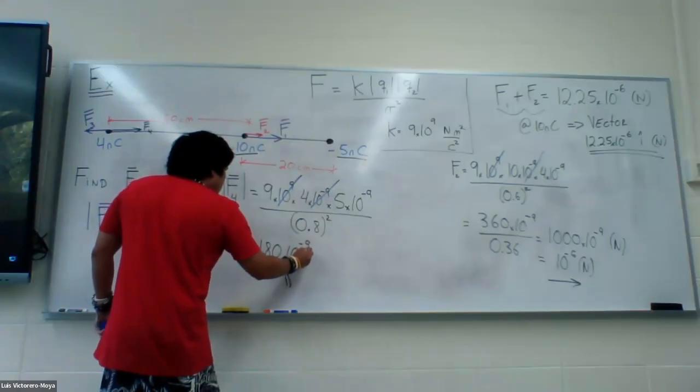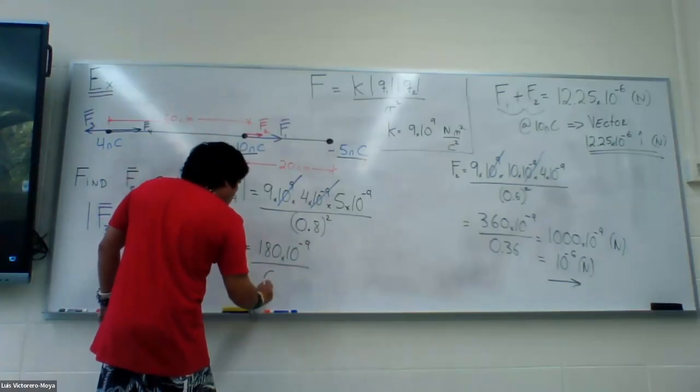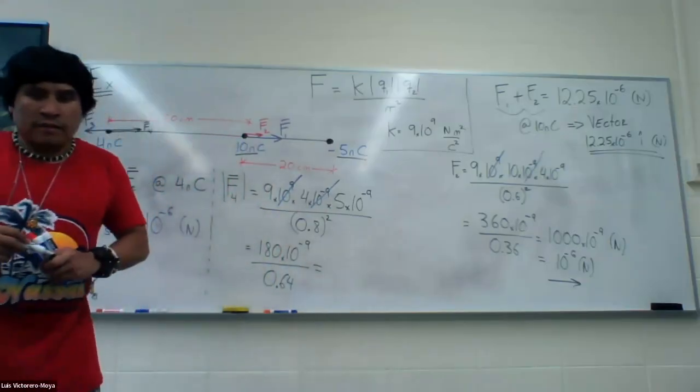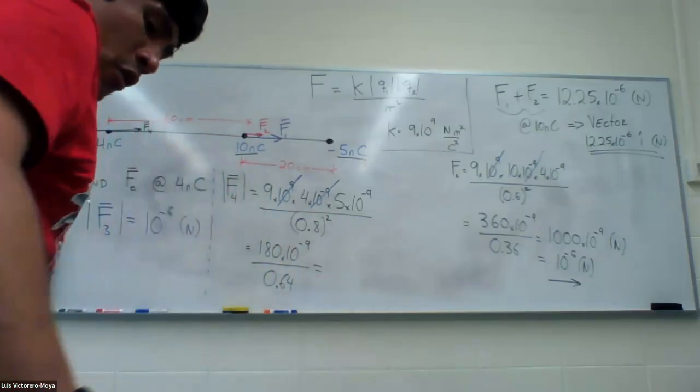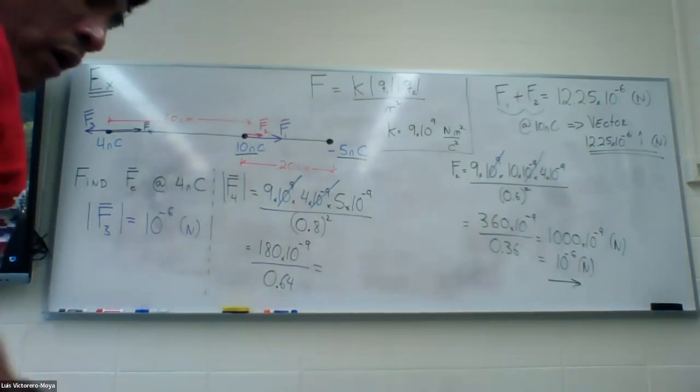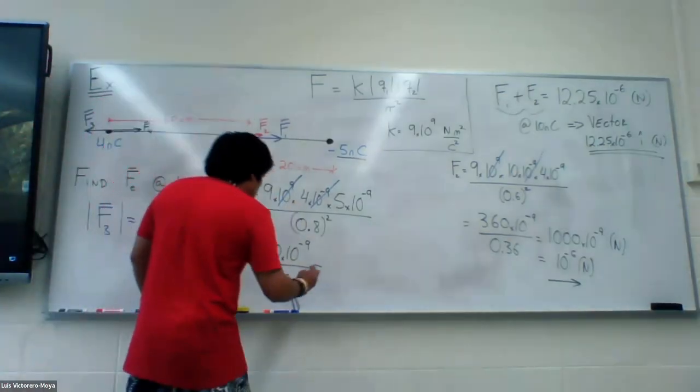Times 10 to the negative 9 over 0.64. All right, so let's double check this, be careful with this. So we have 180 over 0.64, which is 281.25.